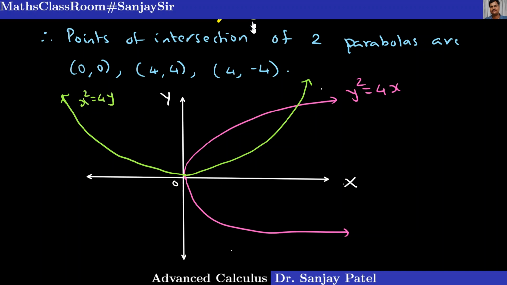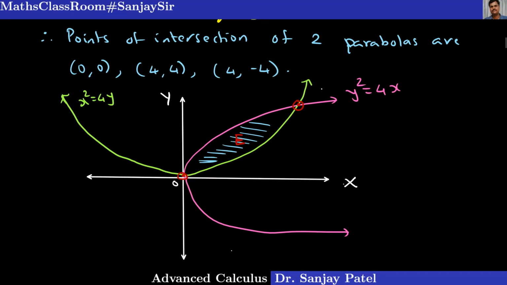Okay, and our region of integration is the area enclosed between these two parabolas. So this is our region of integration, which I may call, say, E. Okay, and we have found the points of intersection here. One point is this, and other point is this.